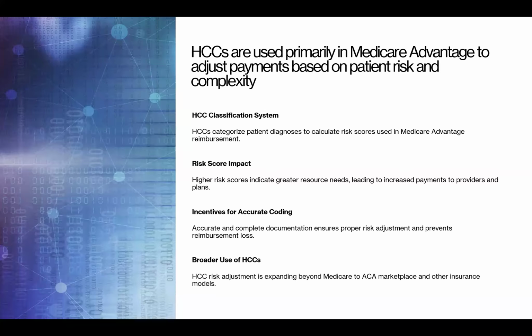Just like we saw in the 1980s, when DRGs went from being used for Medicare patients to all payers, with refined and APR-DRGs, we're now seeing HCCs come into the ACA marketplace plans and others.